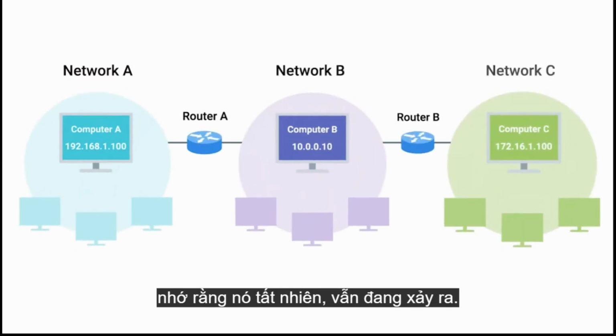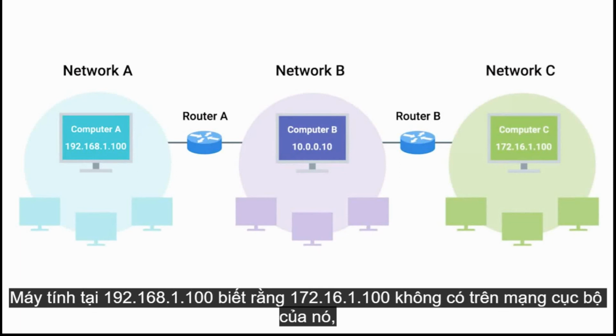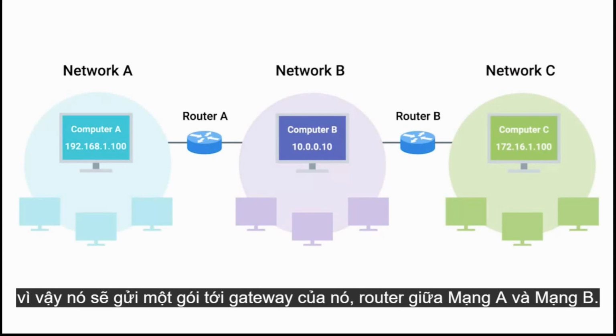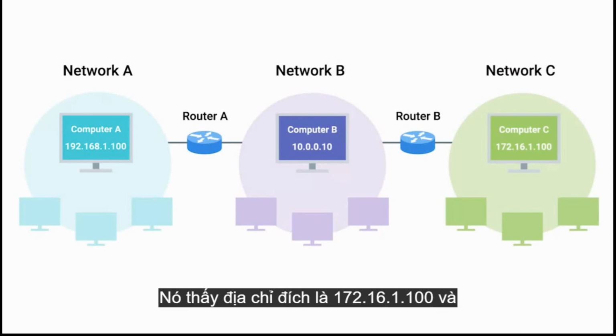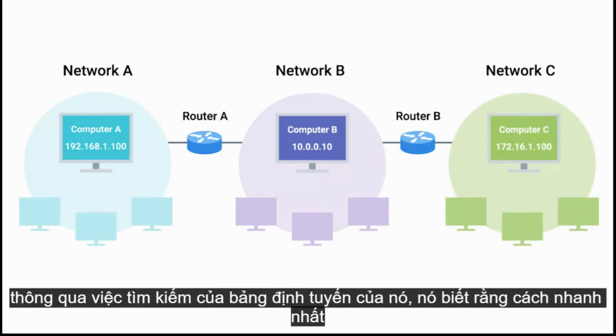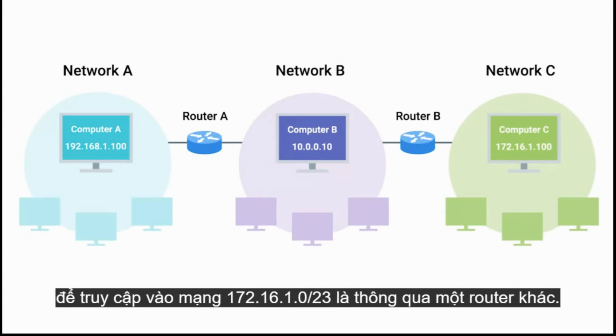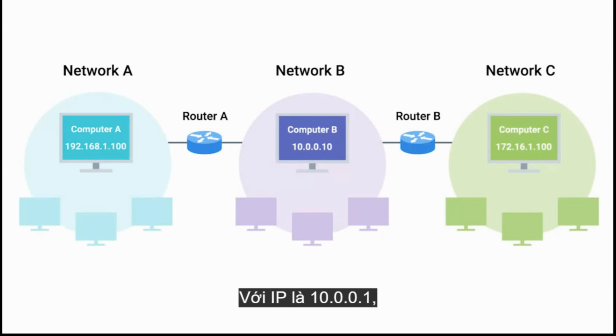The computer at 192.168.1.100 knows that 172.16.1.100 is not on its local network, so it sends the packet to its gateway, the router between network A and network B. Again, the router inspects the content of this packet. It sees a destination address of 172.16.1.100, and through a lookup of its routing table, it knows that the quickest way to get to the 172.16.1.0/23 network is via another router with an IP of 10.0.0.1.